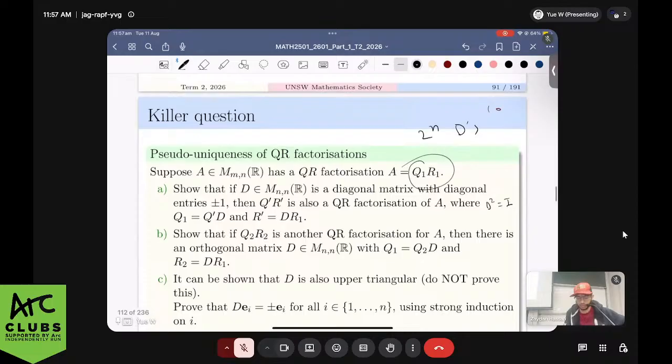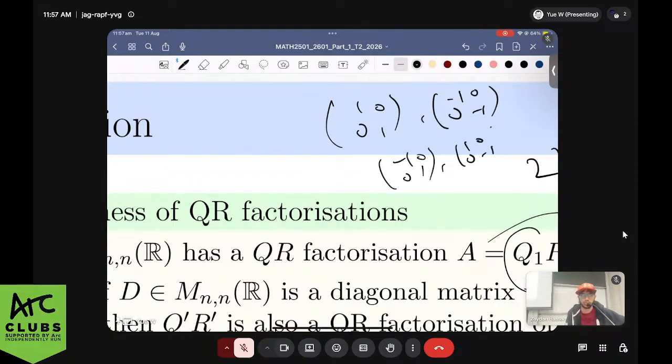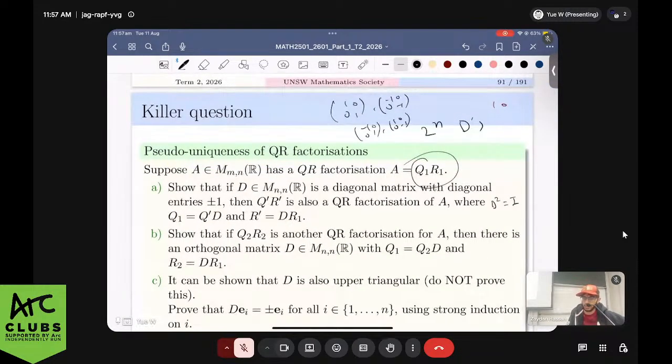So for example, if it was 2 by 2, you could have this, you could have this, you could have this, etc. And the last one would be like this, 2 to the 2, 4. You have 2 choices for each diagonal entry. So there's 2 to the n possible matrices D that we used in part A. This means if you have a QR factorization, Q1R1, there's 2 to the n possible ones you can generate from that.